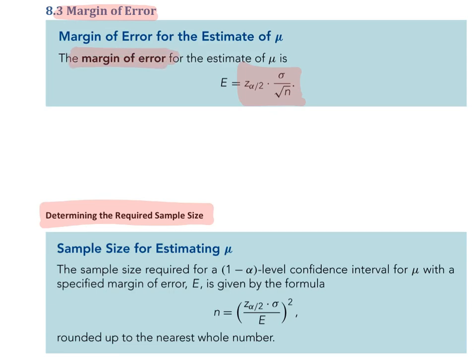Who was that? Sigma over square root of n. You know, it was the standard deviation of the sample mean. What did I say?